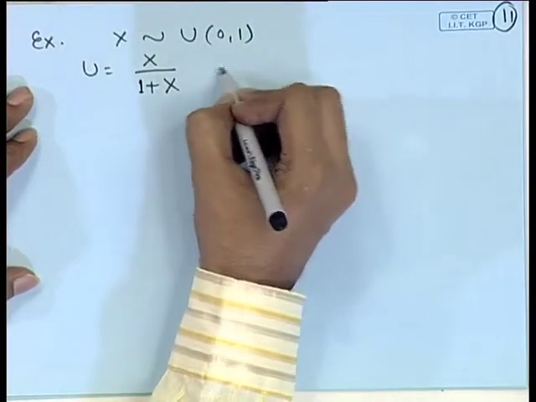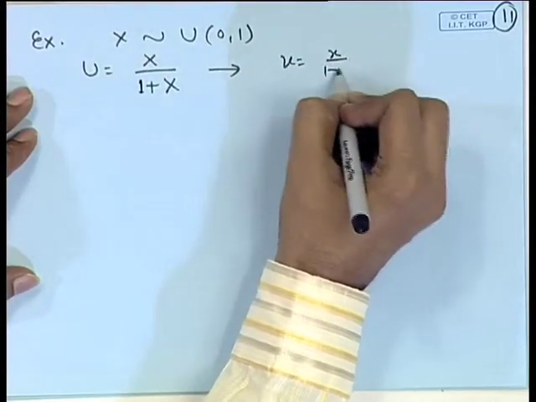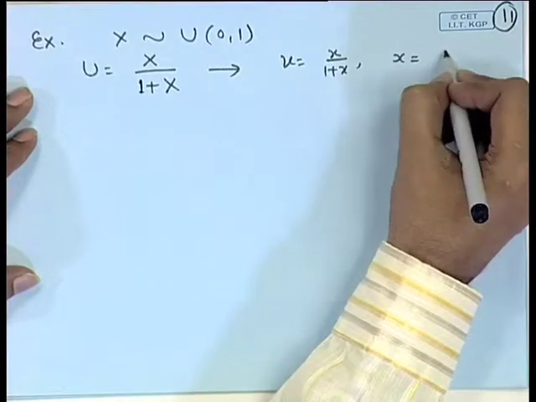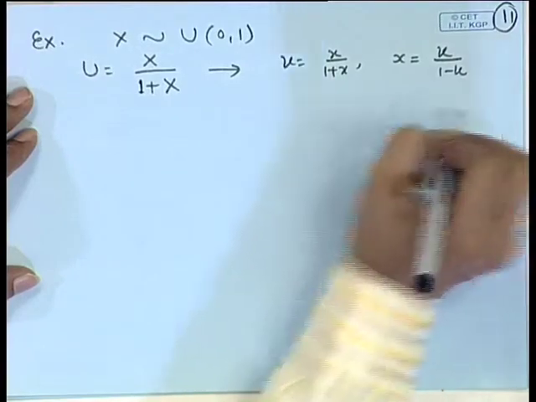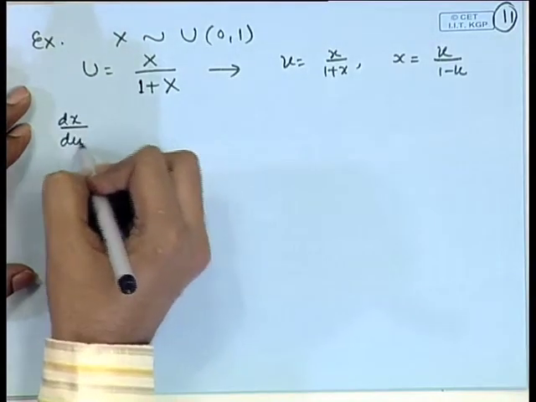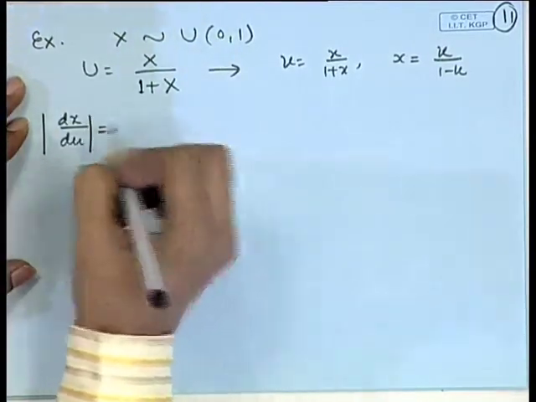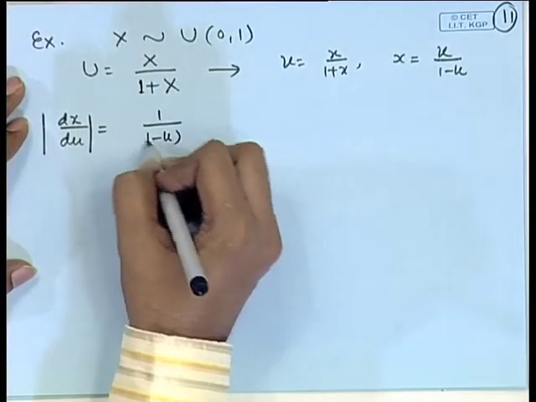In fact, if u is equal to x by 1 plus x, then the inverse function x is equal to u by 1 minus u. Let us look at the derivative dx by du, that is equal to one by 1 minus u whole square.